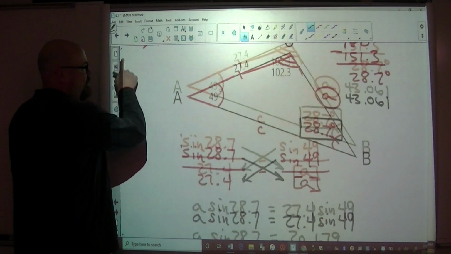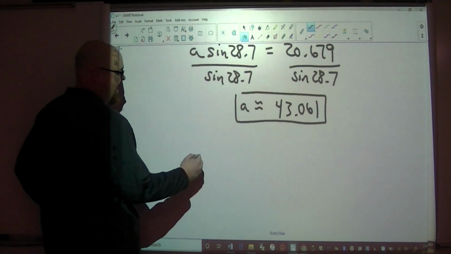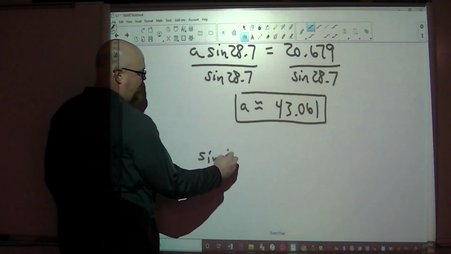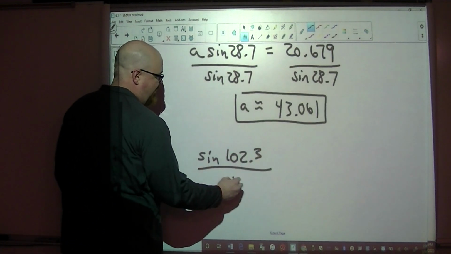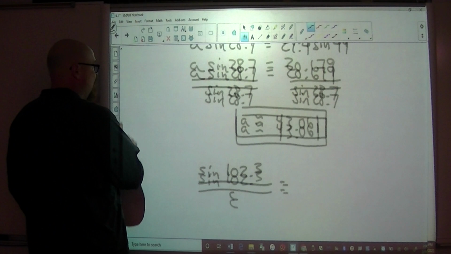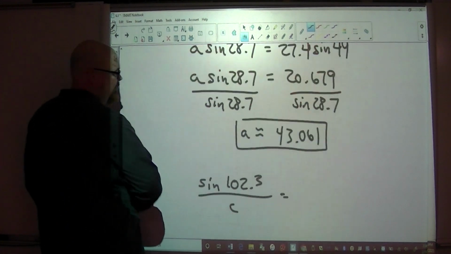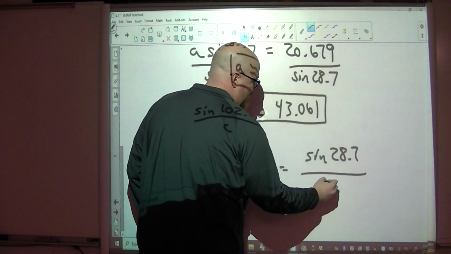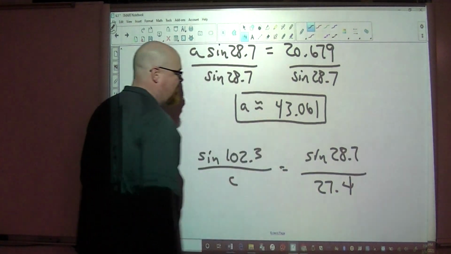I still need to know what letter C is, what side C is. So I'm going to say the sine of 102.3 over C equals, and then I have 27.4, so the sine of 28.7 over 27.4.